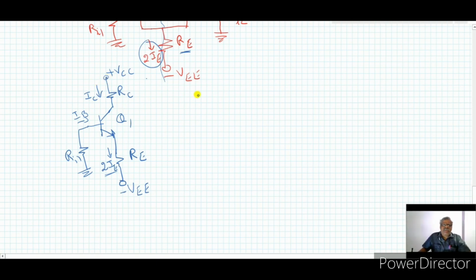In the analysis, what do we have to find? We have to find an expression for IC, the collector current, because the input signal we made 0. Whatever collector current is flowing is called the quiescent collector current, ICQ, and we have to calculate the voltage between collector and emitter, VCE.